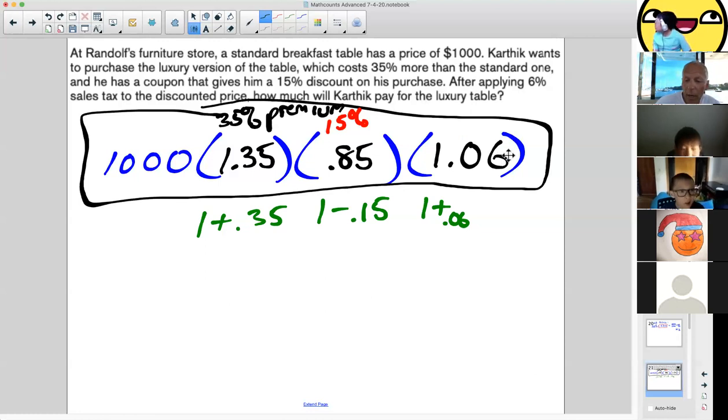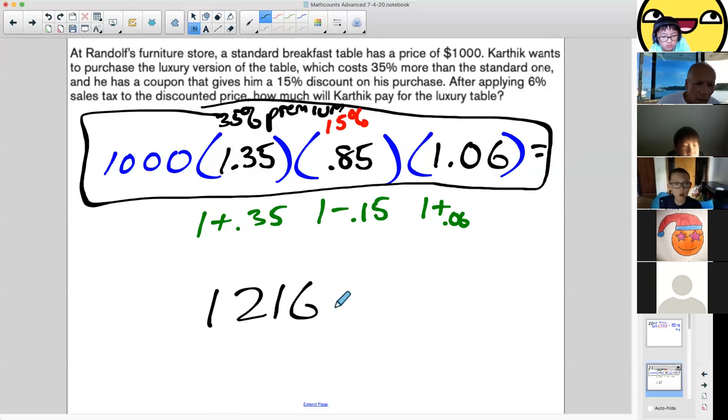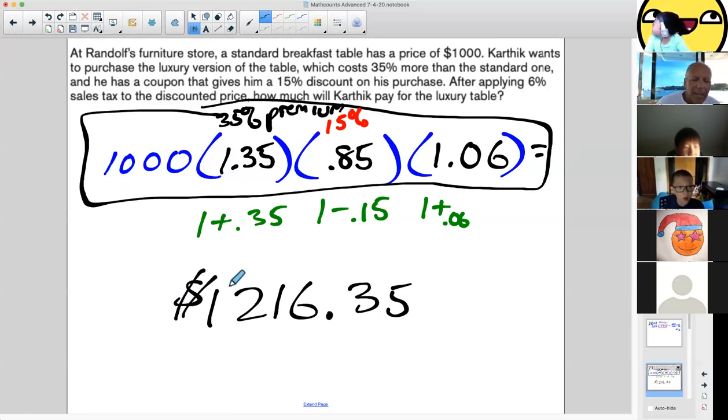I know I'm not going to hear back from you, maybe your voice is off on the computer. But in any event, everybody now multiplies straight across. When you do that, you get a price of $1,216.35. That is the fastest way to go through it.